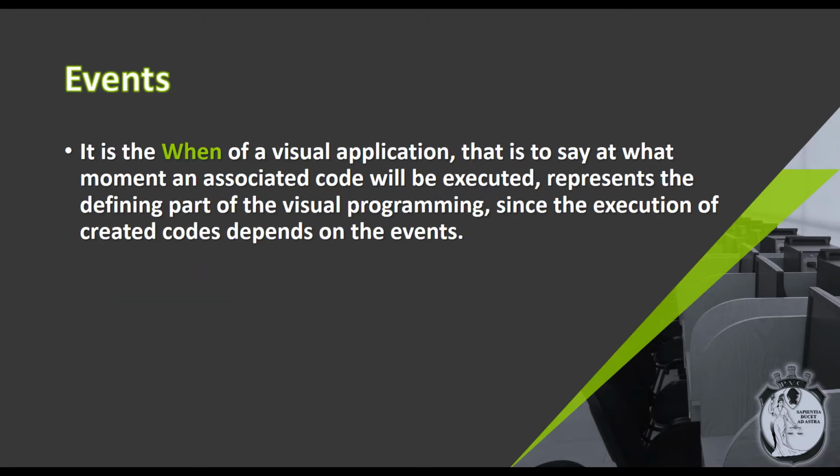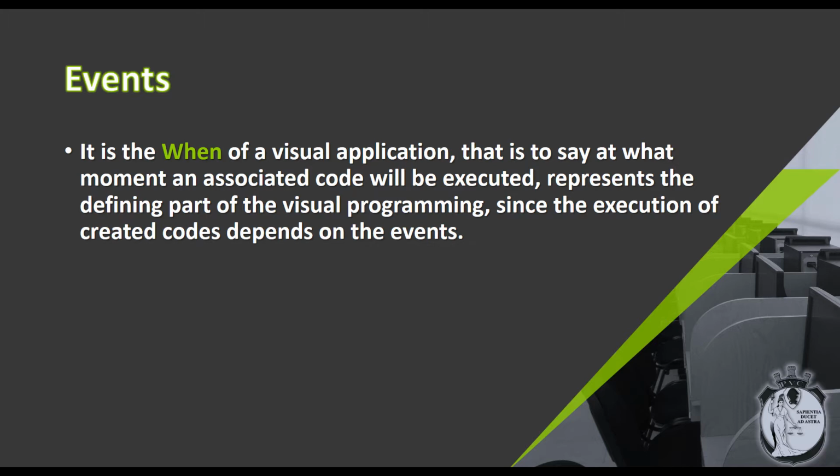What is an event? An event is the most important part of a visual program. Why? Because that defines what object-oriented programming is. When you think of an event, you need to think about when.